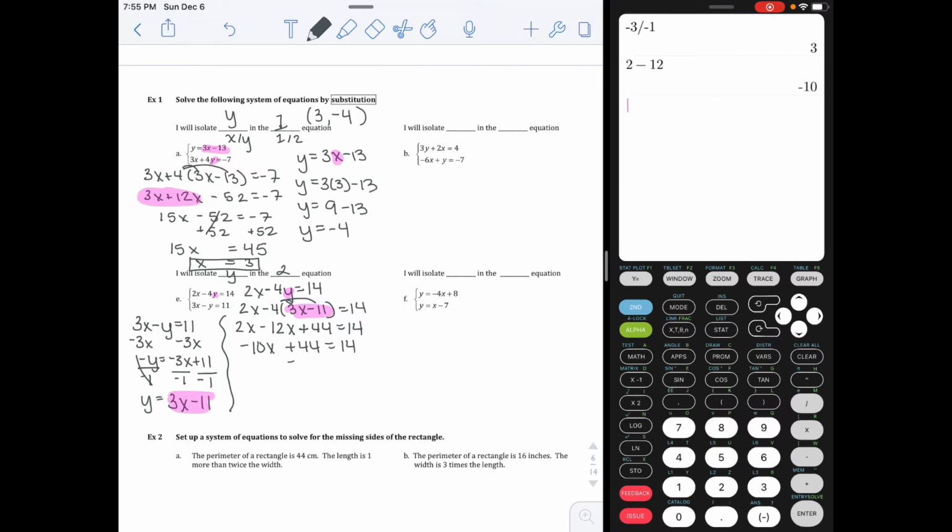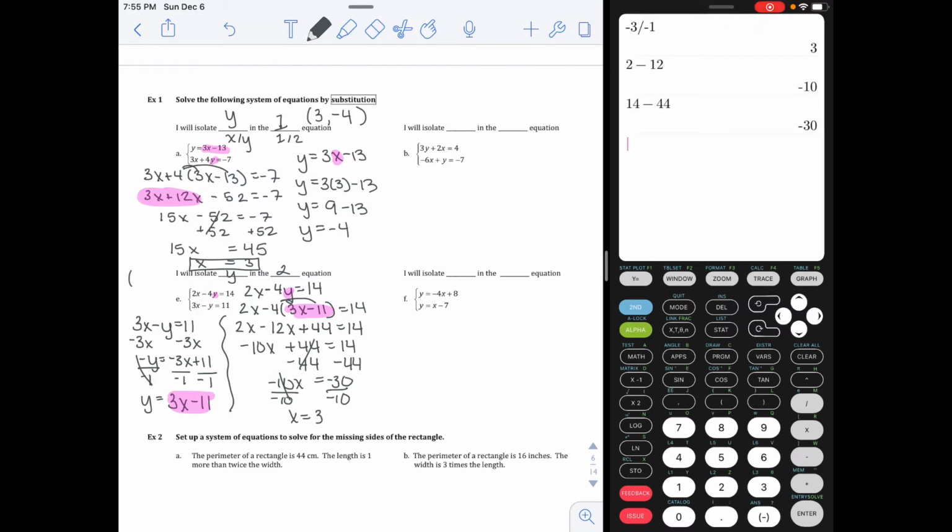Let's get x by itself. So we're going to subtract 44 on both sides. Negative 10x is equal to 14 minus 44, negative 30. Divide both sides by a negative 10. x is equal to negative 30 divided by negative 10 is a positive 3.